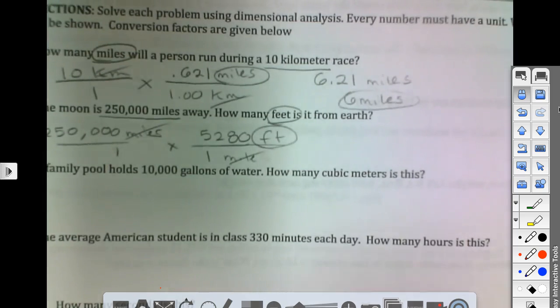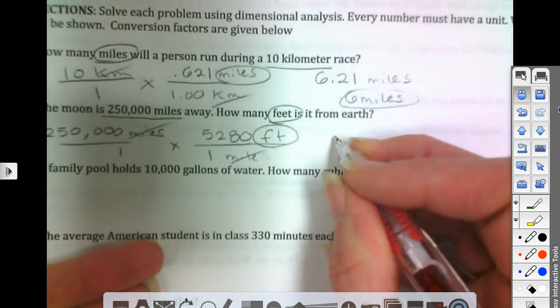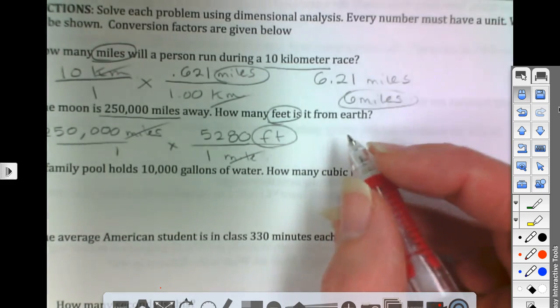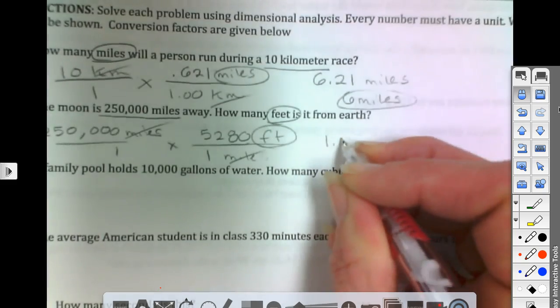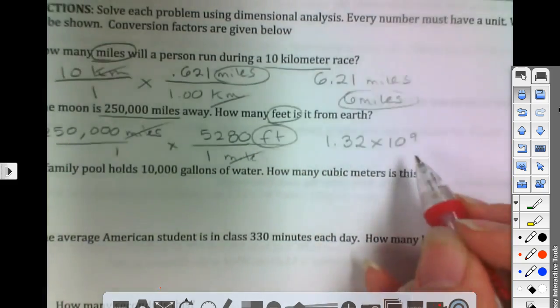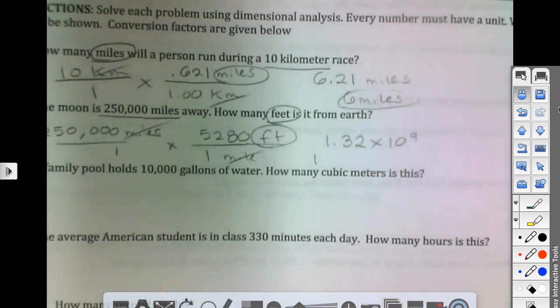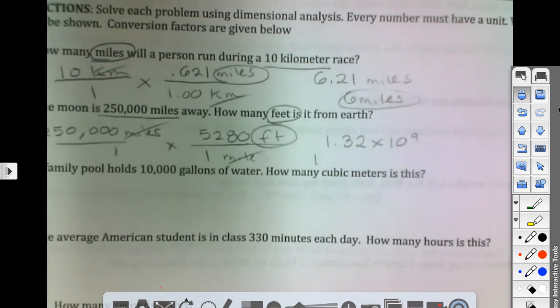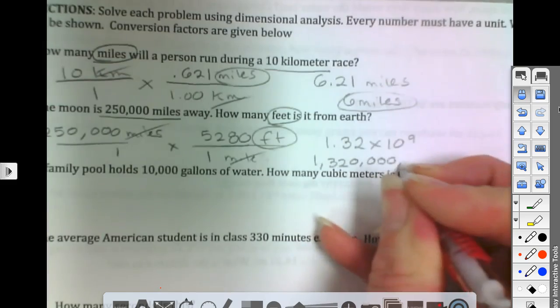And so if I go ahead and multiply this out, I get 1.32 billion, basically, or 132 and then a bunch of zeros. But I'm a big fan of scientific notation. You can count the zeros up if you want to. It ends up being this ungodly awful number.